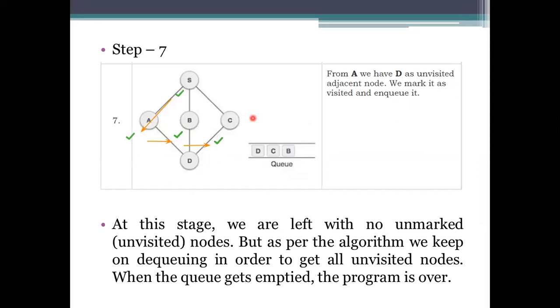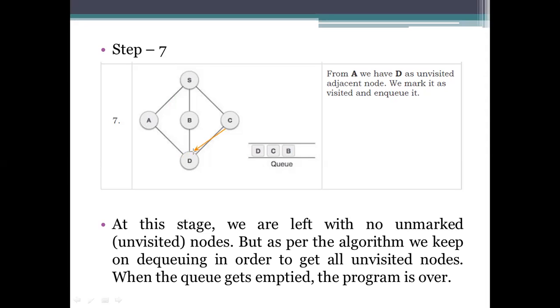Then try to get the value of the other adjacent node that we have. The adjacent node we have is C to D, meaning it has to start from the next level.